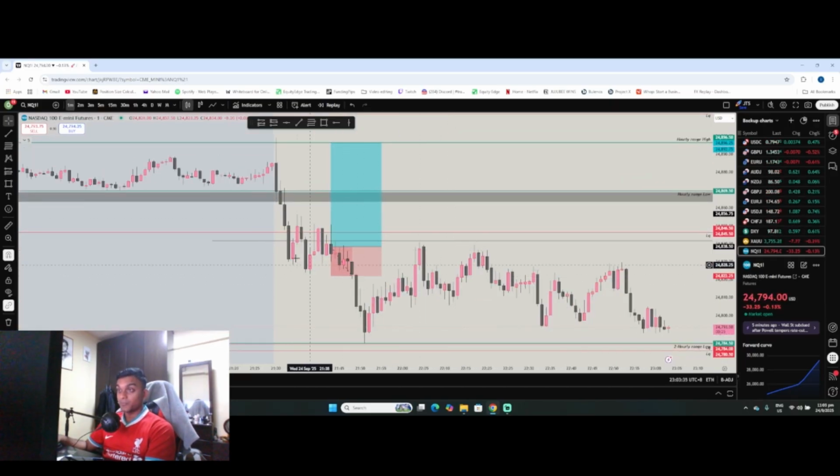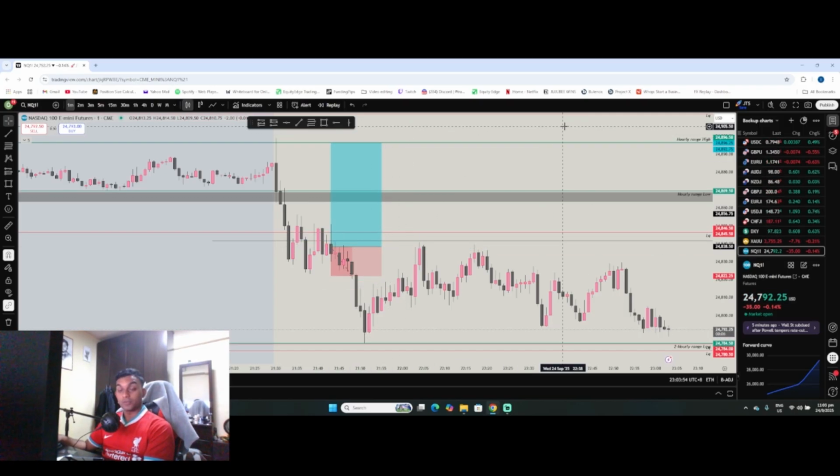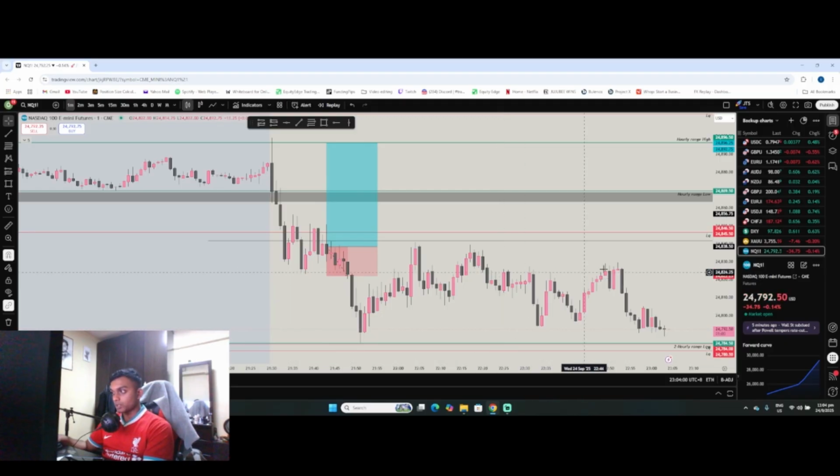Even if you wanted to take the trade, you would have seen the inverse fair value gap right here, and the order block being formed. Many people would have entered. But because of the two indicators that I told you, how price likes to move, I didn't take the trade and it flew all the way down.